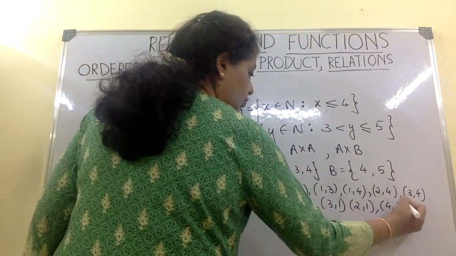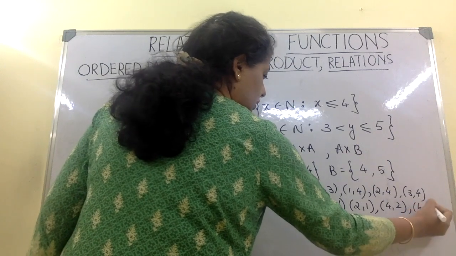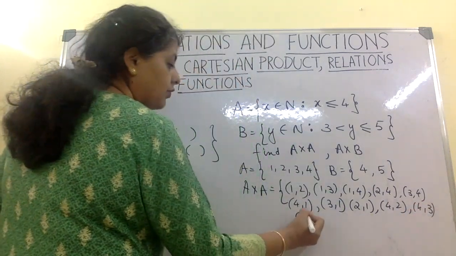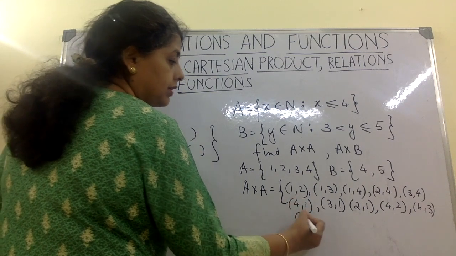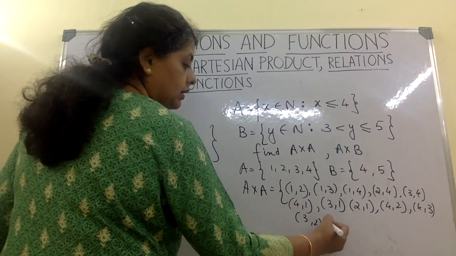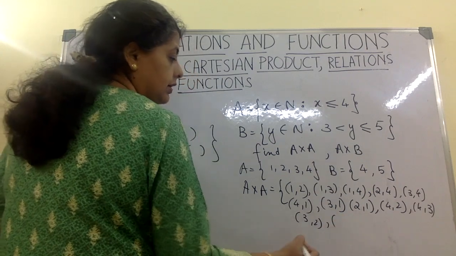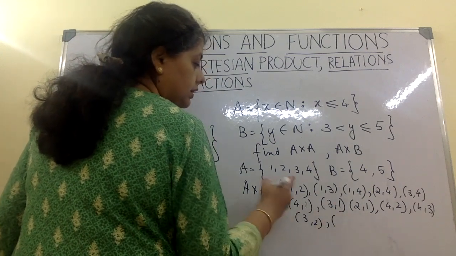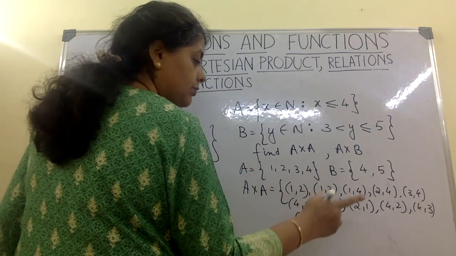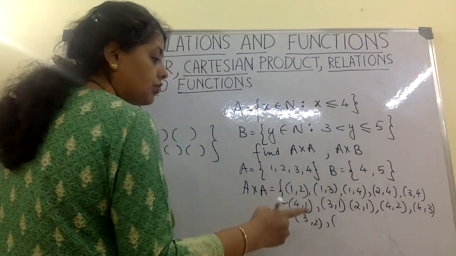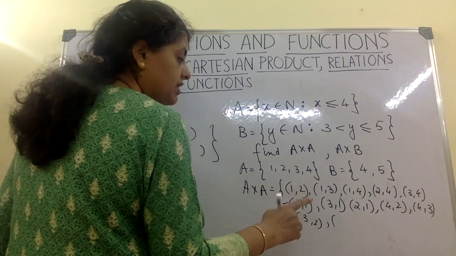4, 2, 4, 3. Then 3, 2, and 3, 1. 1, 3 is there, but 3, 1, yeah, done. So how many are we getting? Have we missed any?